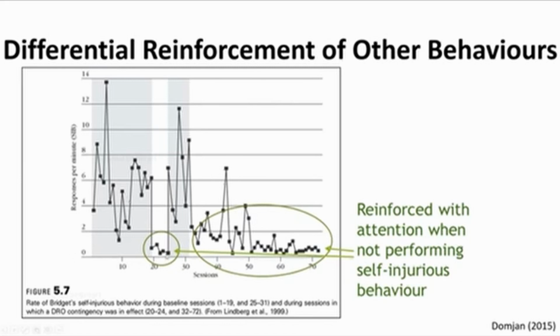During those periods when they're receiving that reinforcement, we see a dramatic drop-off of that self-harming behavior. Then when they go back to self-harming behavior, we ignore them again, and when they reduce that behavior, they can get attention again. Over time, we'll see a drop-off in the amount of self-injurious behavior.